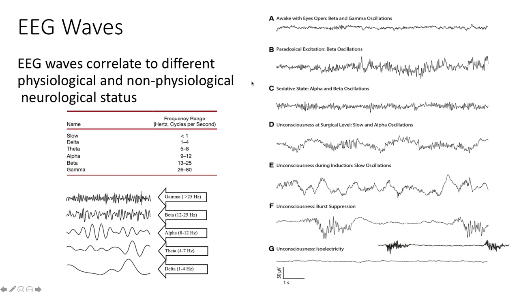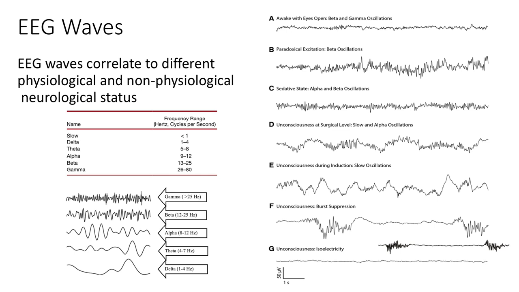Those wave patterns correlate with certain activities. For example, if I'm awake, eyes open, I see more beta and gamma oscillations. As I'm falling asleep, here in C, sedation, alpha and beta oscillations are more prominent. You see the change from this to this pattern.